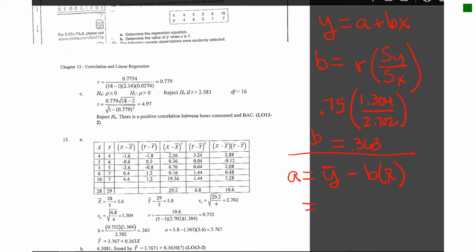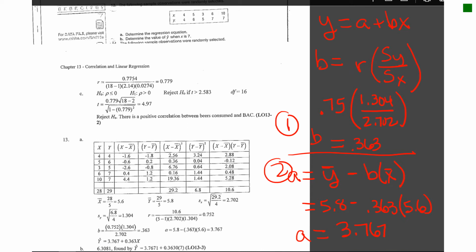So if y bar was 5.8 minus the slope, which again was 0.363, multiplied by x bar, which is about 5.6, just plug it in. That's going to give you a y-intercept of about 3.767. Okay, so that's step 1, and this will be step 2.